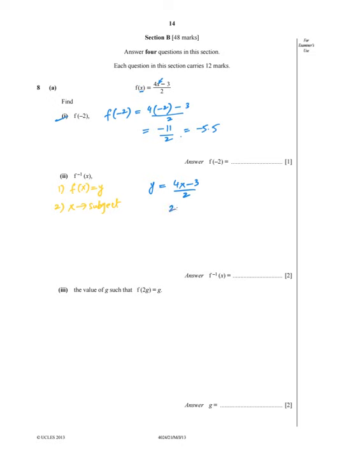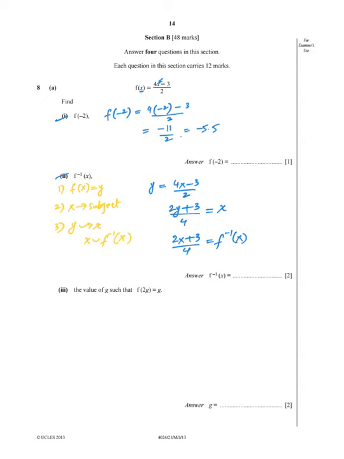So it will be 2y plus 3, divided by 4, equals x. Alright, you have made x the subject, and the last step is you need to replace y with x and x with f inverse of x. So now it will be 2x plus 3, divided by 4, equals f inverse of x. So that is your part 2 answer.